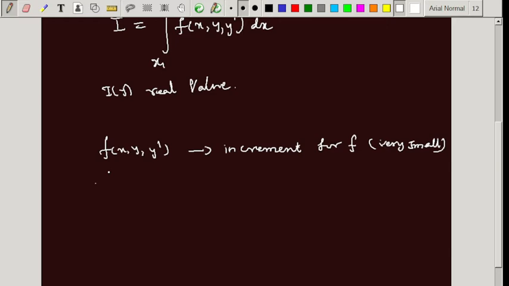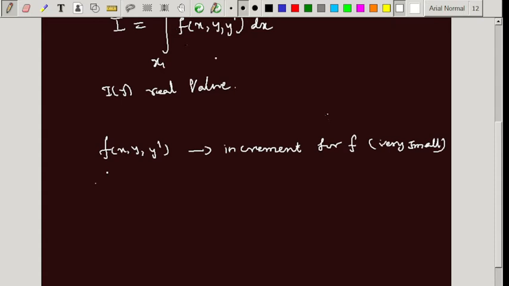So we can write it as the integral 0 to 1 of square root of 1 plus y dash square into dx, or the integral x1 to x2 of square root of 1 plus y dash square dx.